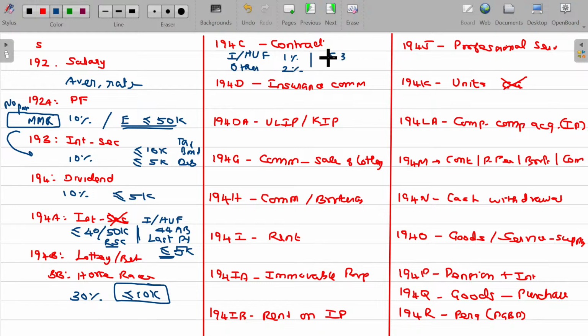Less than or equal to 30,000 is not taxable, and less than or equal to 1,00,000 in case of aggregate is not taxable, not TDS deductible. And 44AB, keep this idea in your mind. Whenever I use the term 44AB, the payer should fall under tax audit in the last previous year. That too, the payer should be individual and HUF in majority of cases. Here AOP and BOI are also included. Is that clear?